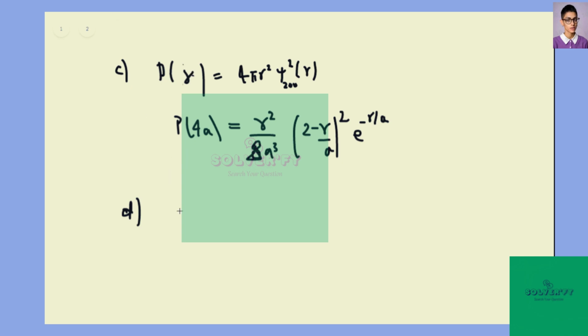In the next part, we need to show that the net probability is equal to 1. If that is so, then we say that the wave function is completely normalized. So we need to prove this relation. We begin by taking this value, which is, once again, not at 4a but a general value of r, and we need to integrate this function.